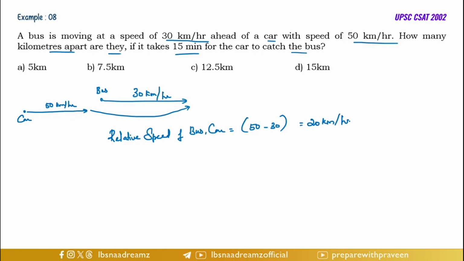So we can assume the distance traveled by the car to catch the bus is equal to the distance traveled in 15 minutes, right?